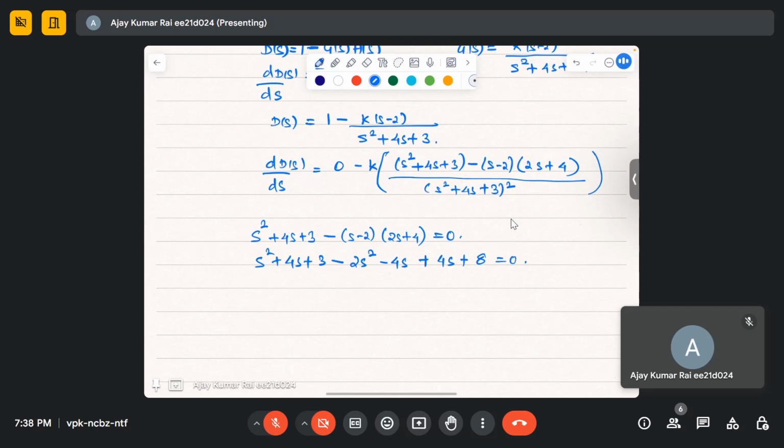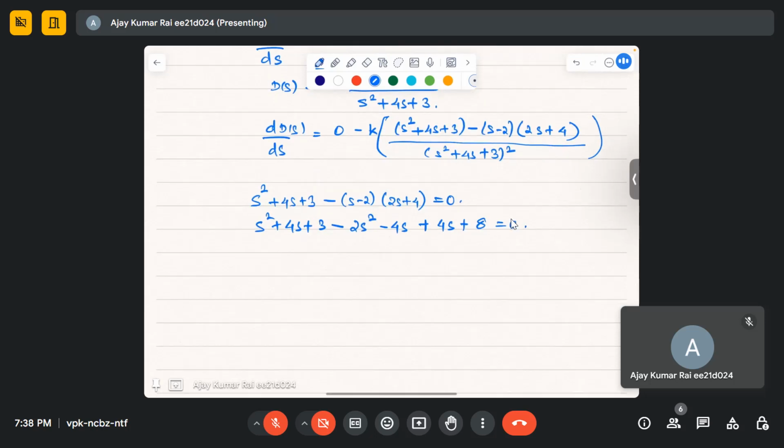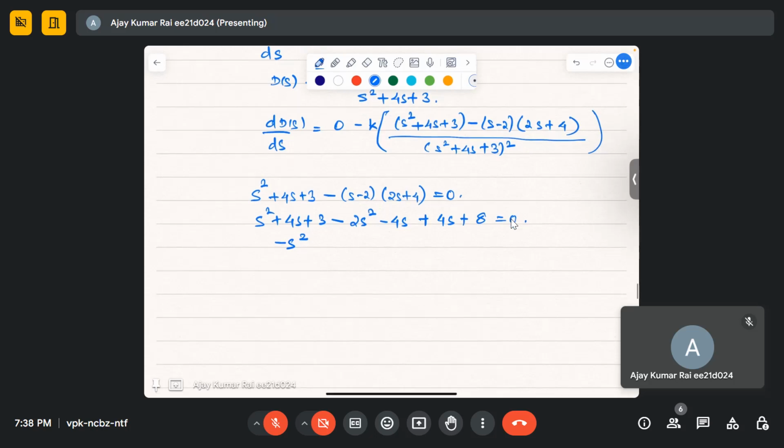I hope everything is correct. Simplify this. So this is minus s square, plus 11. I hope I'm making no mistake here.